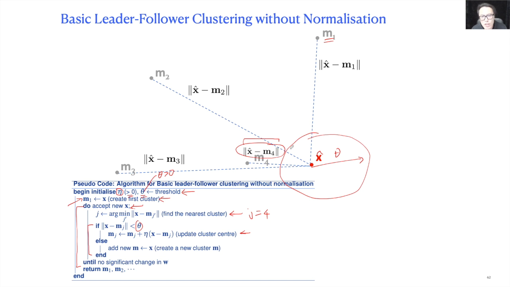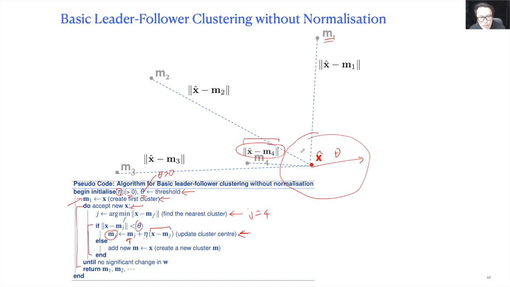If M4 is within this circle, we update M4 using this update rule: the current M plus eta times the difference between X and M4, and that is the new value of M.